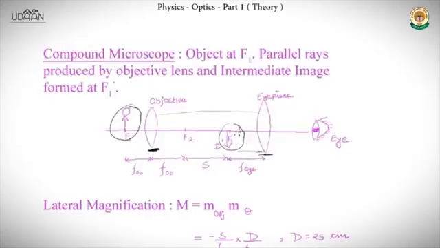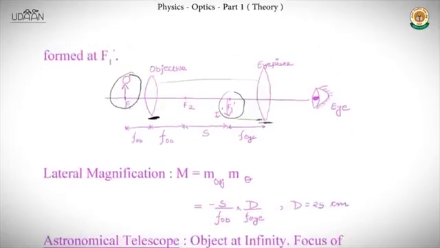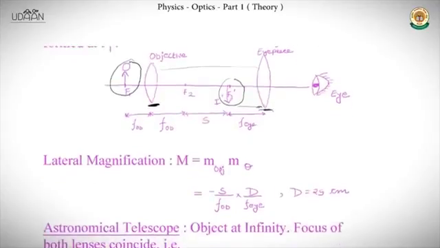After this, the final image rays become parallel. The magnification in the above case is given by the magnification of the objective lens times the magnification of the eyepiece. This is similar to what we dealt with in the combination of lenses.